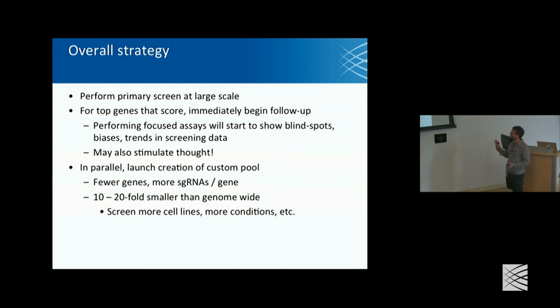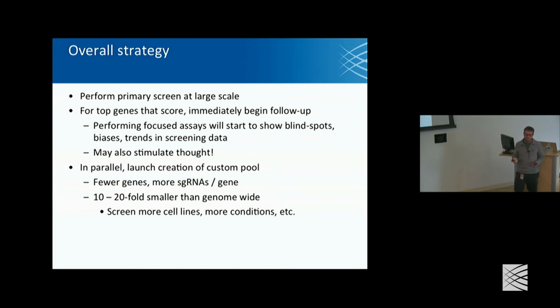For the top genes that score, immediately begin your follow-up on those. Perform the focused assays that will start to show you, well, what were the blind spots in my assay? What was this assay really scoring for? Was it reproducing, or representing the biology I wanted it to, or are there some artifacts coming through in here? And then also, we're all human here.